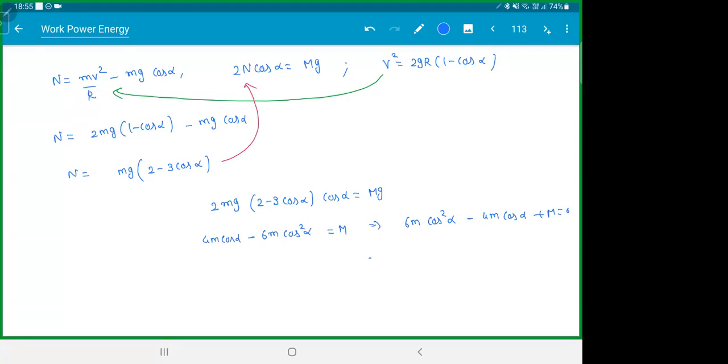We got a quadratic. So cos alpha will be 4m plus minus the root of b square, that is 16m square minus 24mM, over 12m. This will be the angle, everyone.